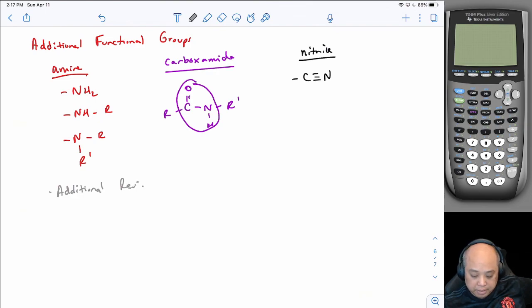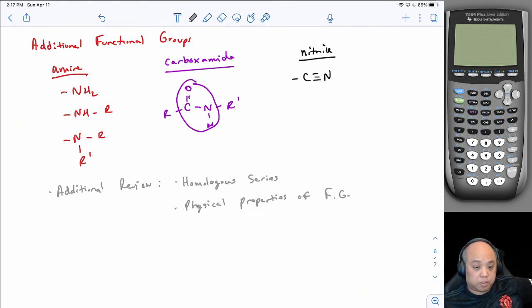Like I said, because of the time restraints here, we are not able to cover every single detail of topic 10. So there are things that I've not talked about that I would strongly suggest you look over on your own. Homologous series for one, and physical properties of functional groups, like what type of IMFs, the strength of them.